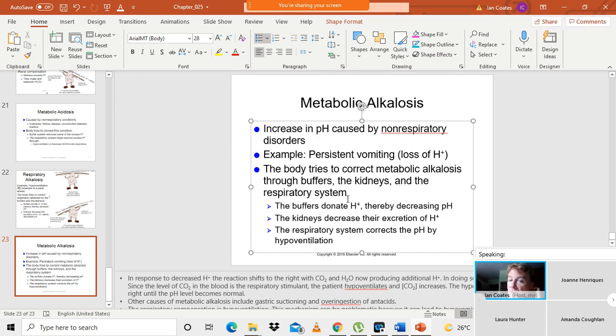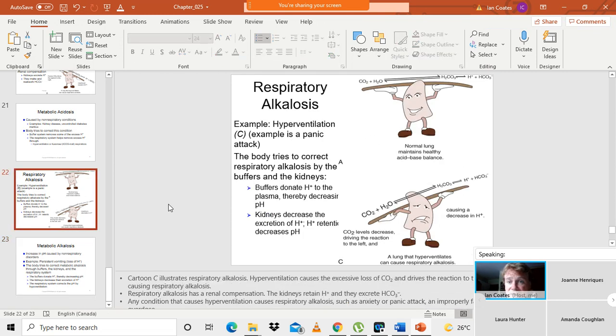But again, buffers can donate hydrogen. Just like you see this buffer right here, it can still donate a hydrogen if it needs to. That's the beauty of a buffer, that it can accept a hydrogen or donate one. But whatever it's doing, it's maintaining the pH.